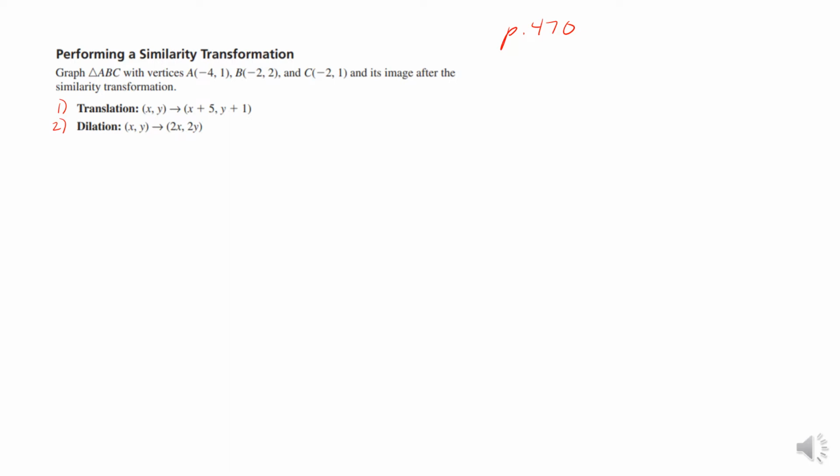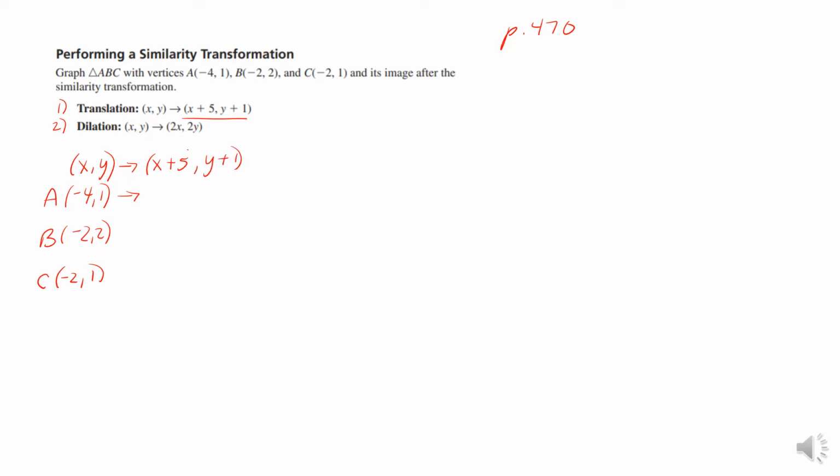So the first step is we're going to take A and write down each of our points. So we've got A, we've got B, and we've got C. This is our original x, y. And my first step is right here. It tells me to add 5 to each x and add 1 to each y.